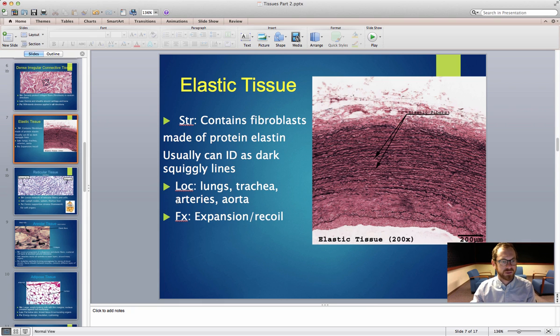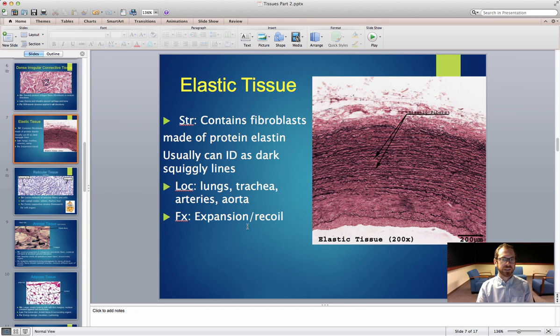And so if we just think about this tissue specifically at the arteries, this is where we're going to have blood pumping from the heart to the rest of the body. And arteries are going to experience relatively high amounts of pressure as blood has to pass through.